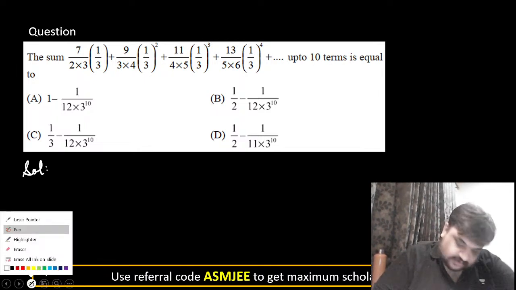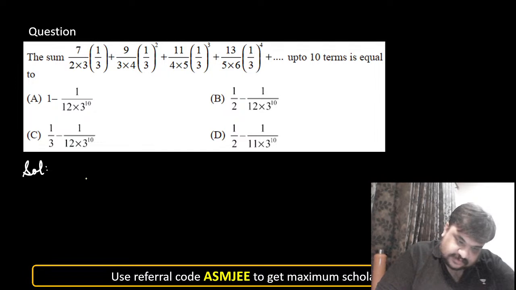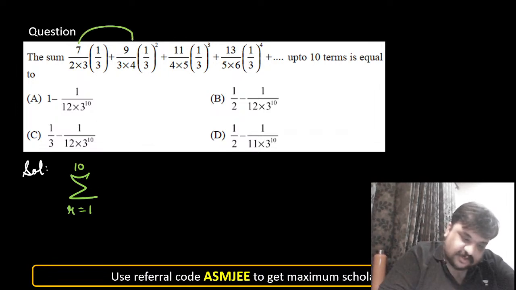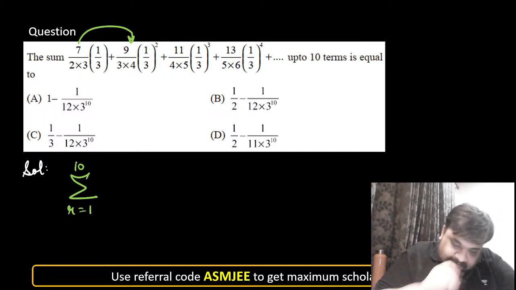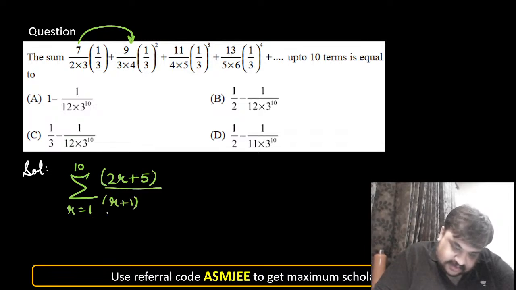So we have to do the summation of r equal to 1 to 10 of 7, 9, 11. Now remember, this is not binomial. So 1 to 10 it's going. So the numerator will be 2r plus 5 upon r plus 1 into r plus 2 into 1 by 3 raised to r.